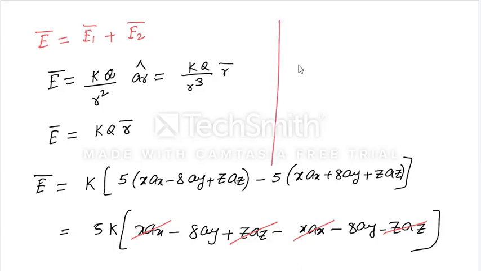So finally this electric field is 5k into minus 16 ay.